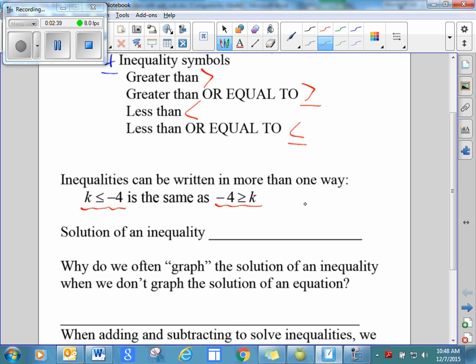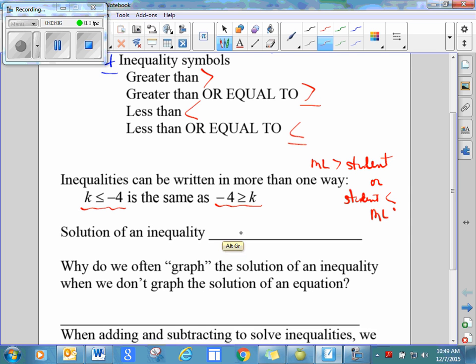Another example might be I can walk up to you and say, I am older than you. So Ms. Leininger is older than a student, or I could say the student is younger than Ms. Leininger. So the inequality symbols are going different ways depending on the way the inequality is set up.